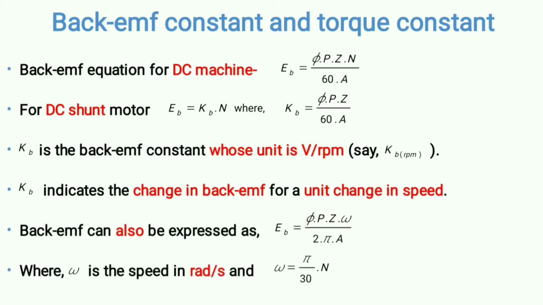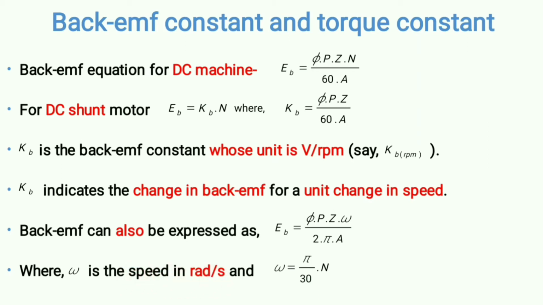Because there is a relation omega is equal to pi by 30 into N. If you put this value of N in this equation, you will get this equation, where omega is the speed in radian per second.